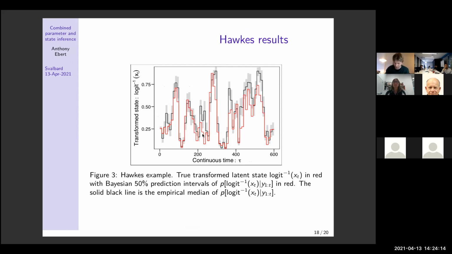It's a point process, isn't it? Your observation y of t depends on your previous y as well, because it's self-exciting.